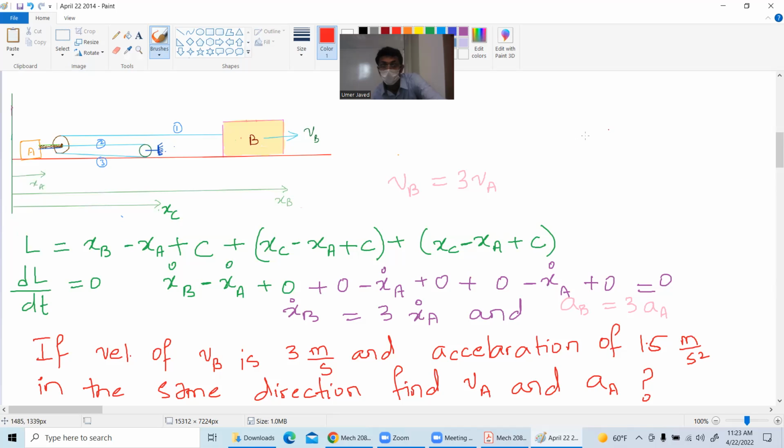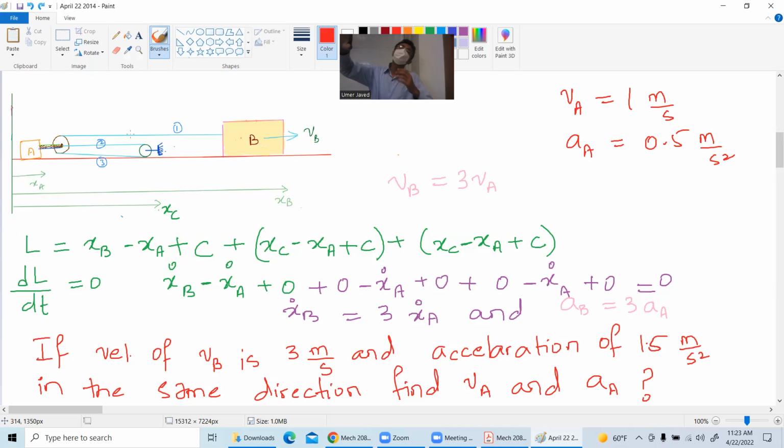He said VA is 1. In which direction? Same direction, right? When you pull this object to the right, this object also goes to the right. That's why your answer is coming out to be positive.